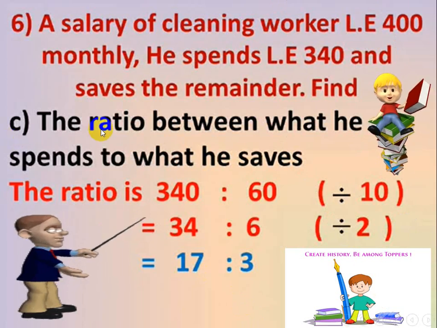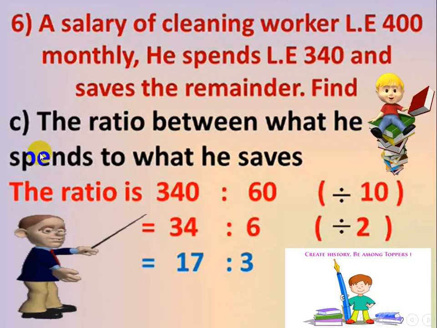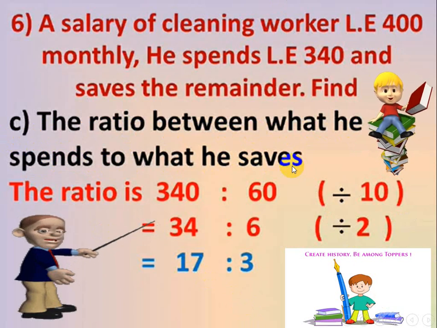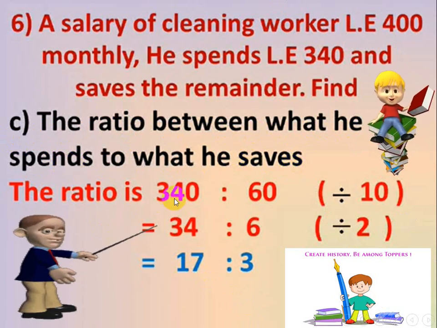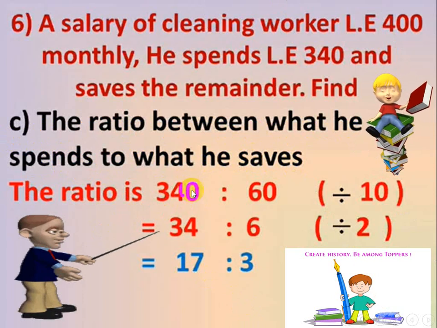Number C, the ratio between what he spends and what he saves. As we said before, he spends 340.